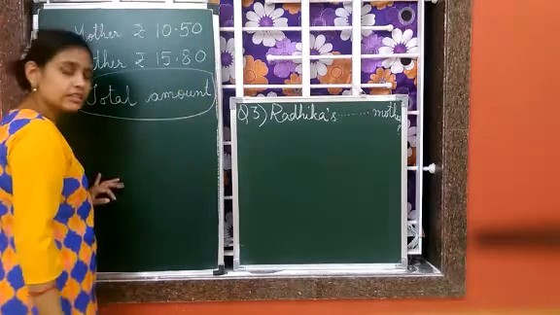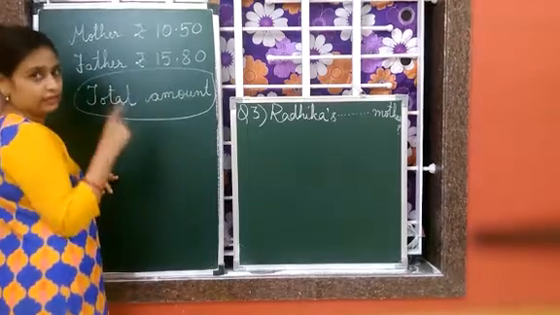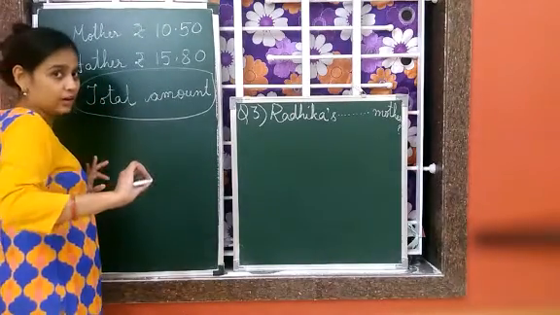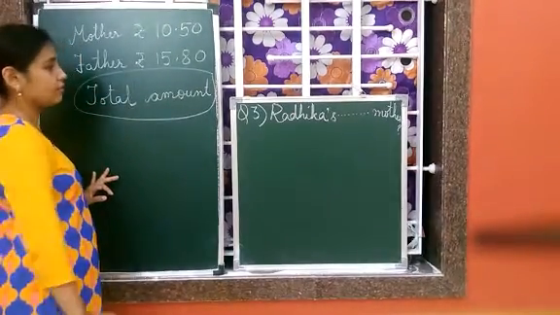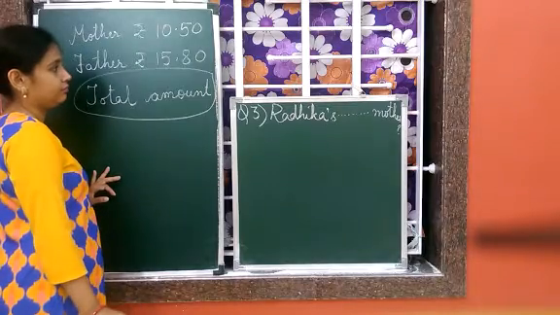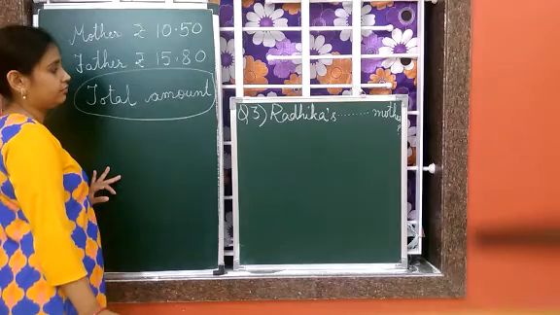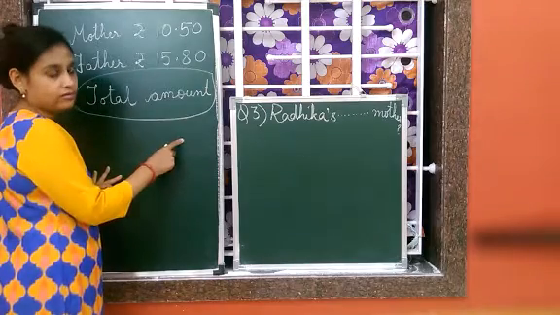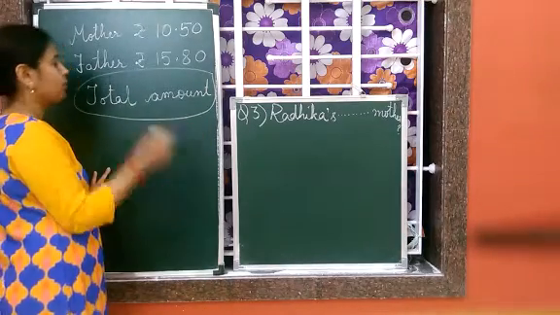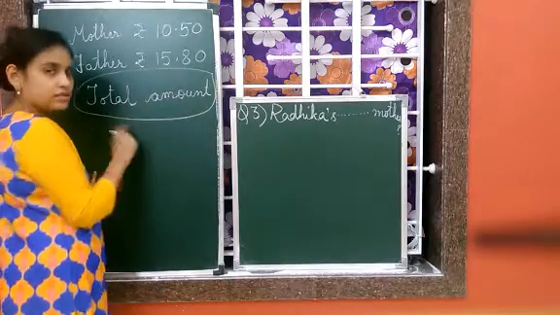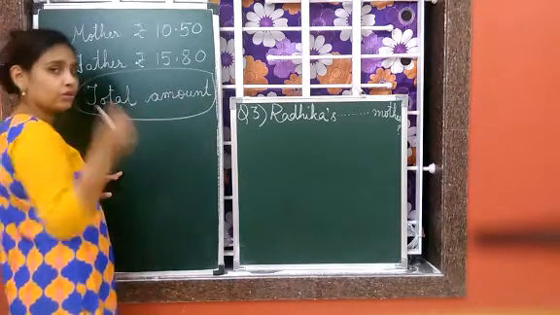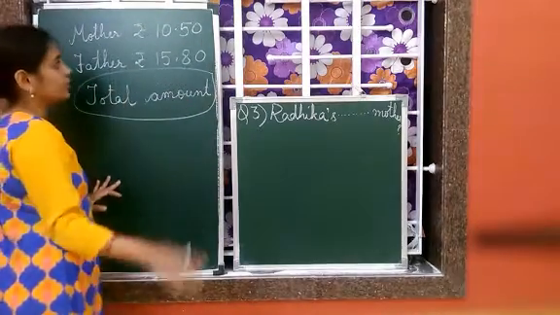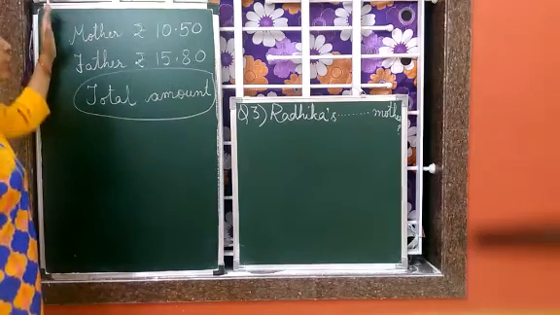You can do this in the question paper also, circling, until and unless it is not allowed. You are not writing anything in the question paper and all. So if it is allowed, you can circle in the question paper also. In the book, though, you can obviously circle. Okay. So this is the question.